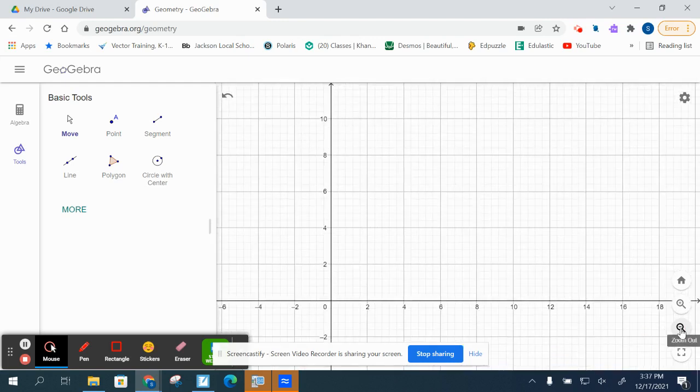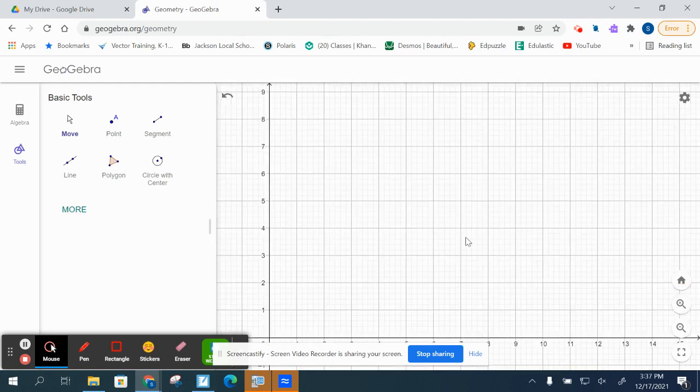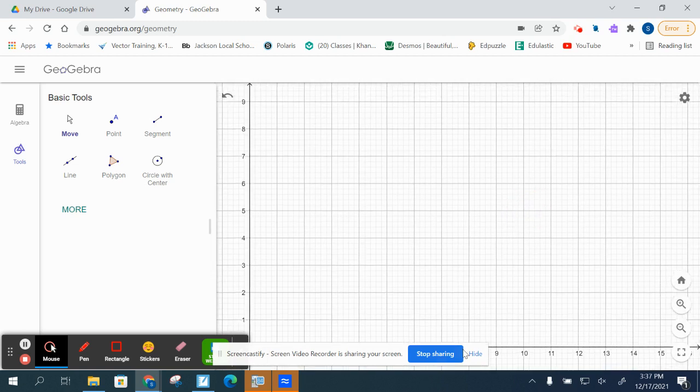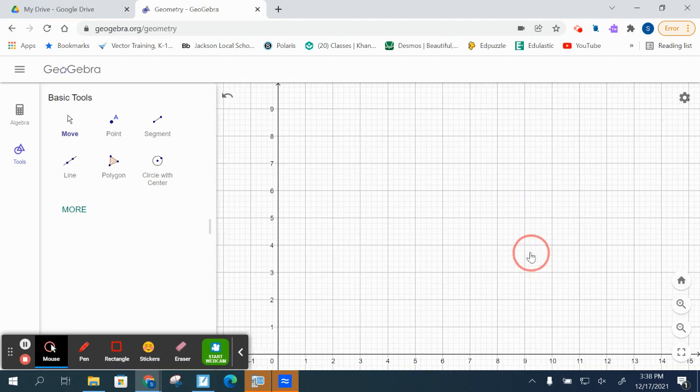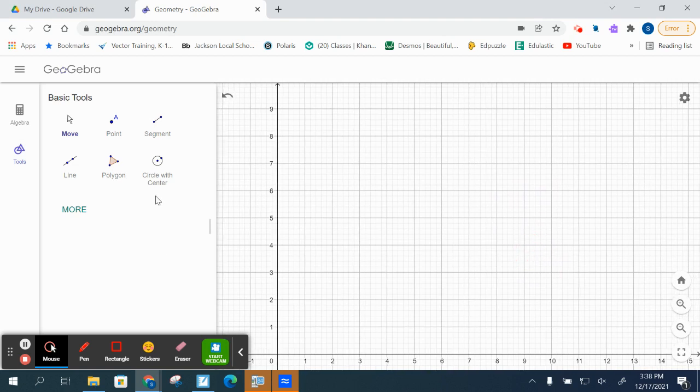And I'm also going to zoom, but I don't like zooming out like that, so I'm going to hide this. So 0, 0, and then 12, 0, and then 8, 9, and then back to my starting point.